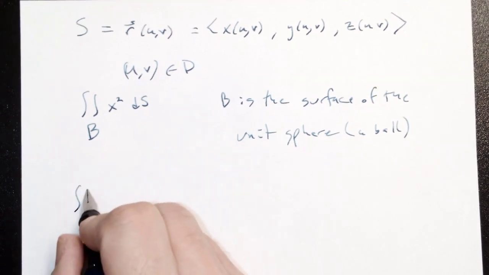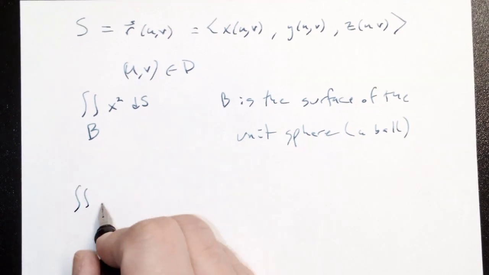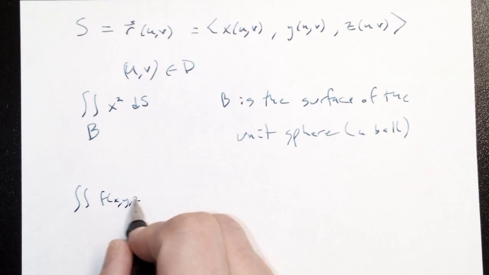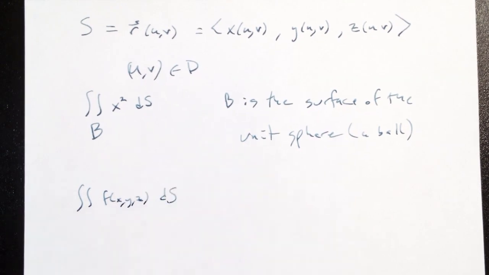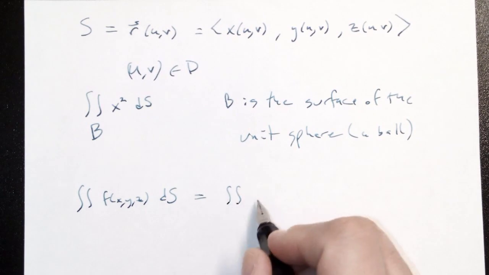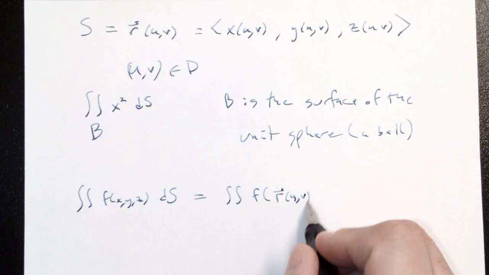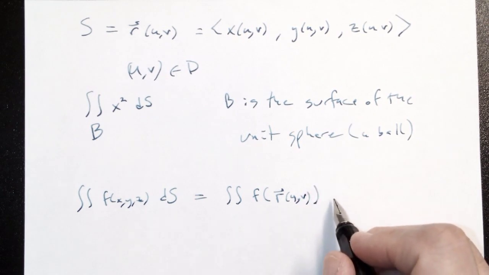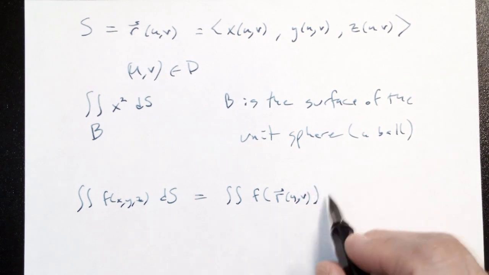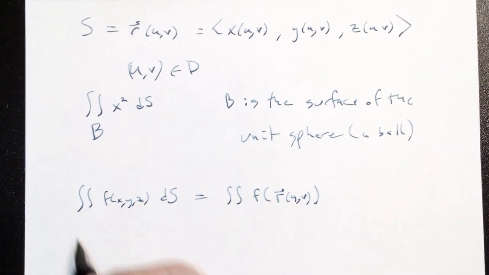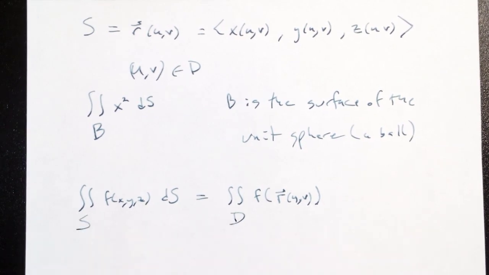The integral of f of x, y, z dS becomes the integral of f of r of u, v, and then I need the dS part in u and v. What's the dS part in u and v? This is what we looked at on Wednesday.